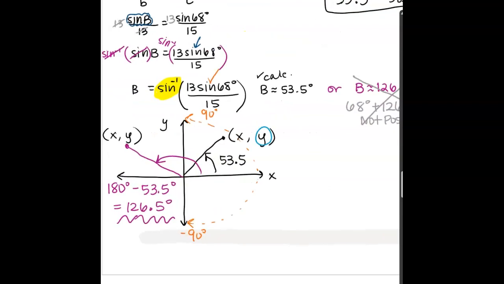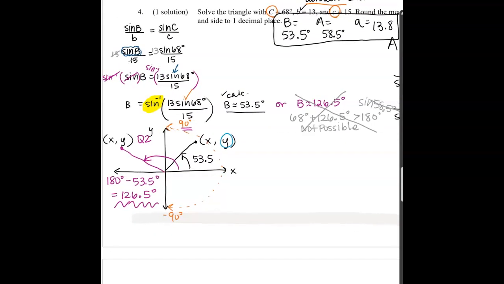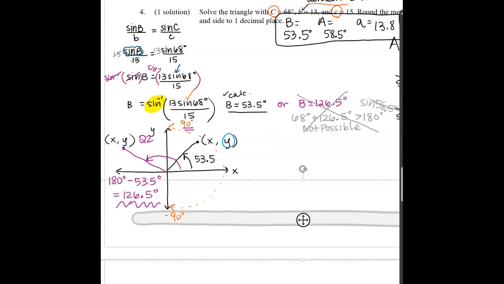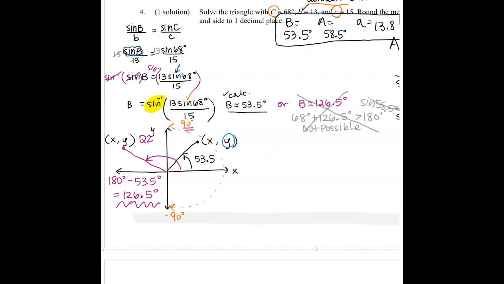Once we get the answer that the calculator gives us, we have to remember that the calculator is not going to return the second answer that is in quad 2 because it does not go past 90 degrees. We then have to use the symmetry, 180 minus what the calculator gave us, to get the 126.5.